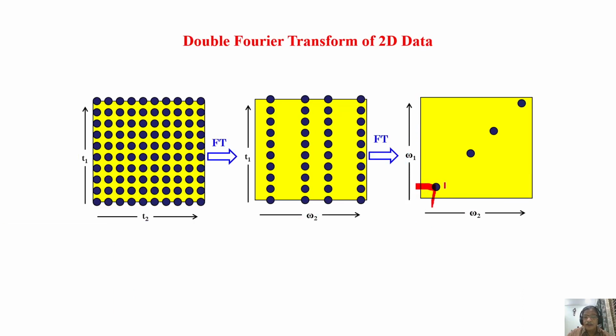We can say we have two frequencies. One in this direction is one frequency, in this dimension you have another frequency. So now, looking at where the peak is coming, I can say what its frequency is here and here. This is the way you can represent the two-dimensional data after Fourier transformation. So we got frequency in both the dimensions.